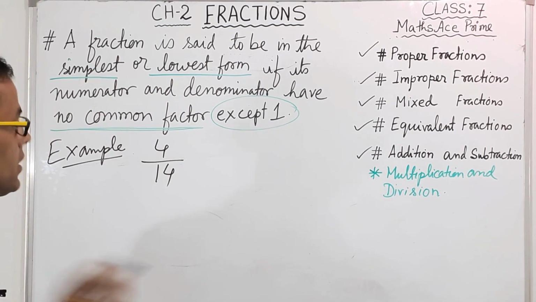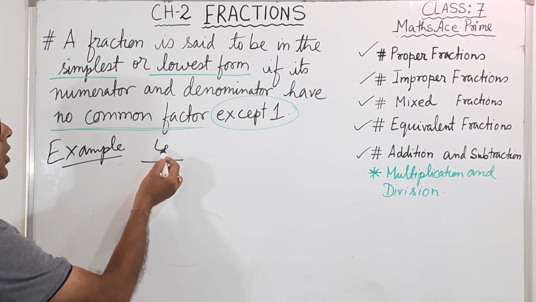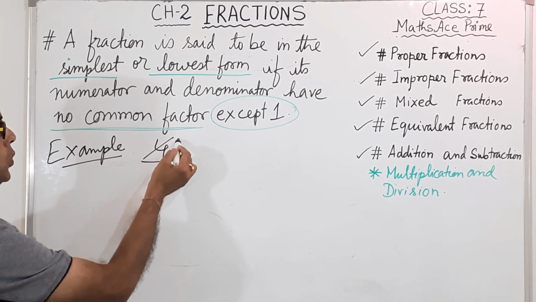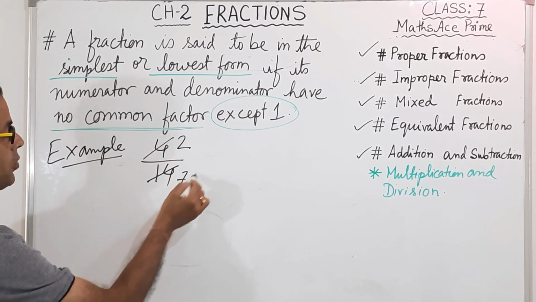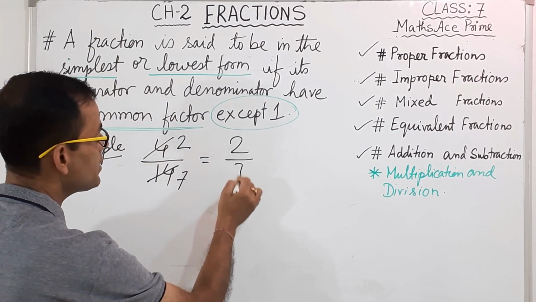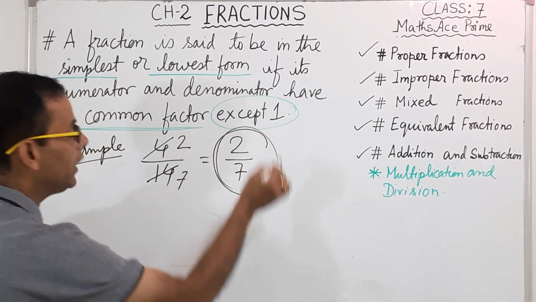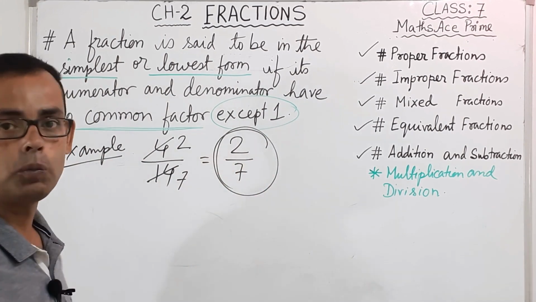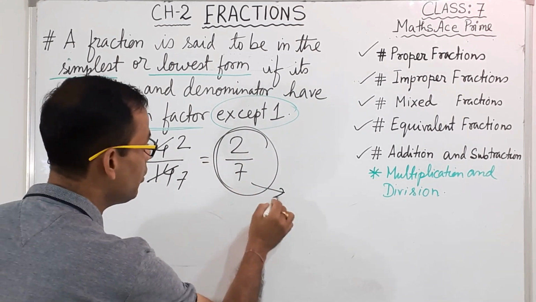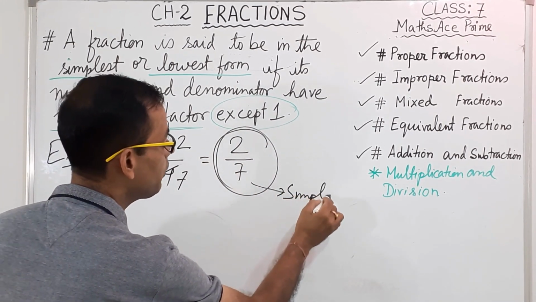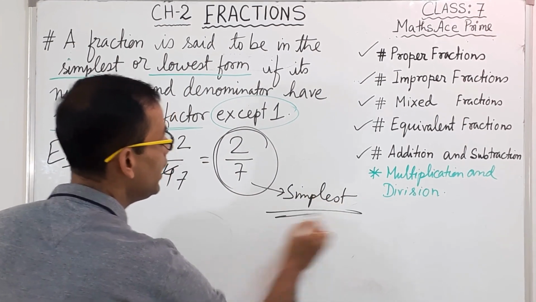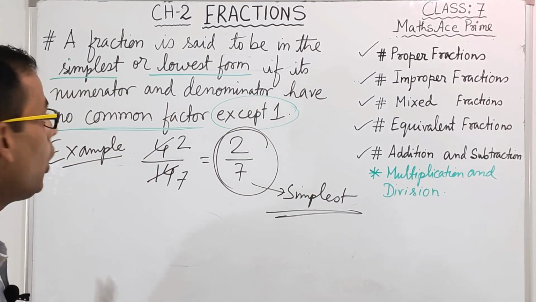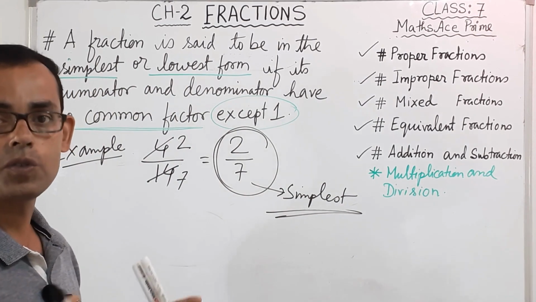One is always there, but another common factor is what? 2. So 2 2s are 4, 2 7s are 14. So 2 by 7. You can see here only one is the common factor. There is no other common factor. So this is in the simplest form, or you can say lowest form. Clear?